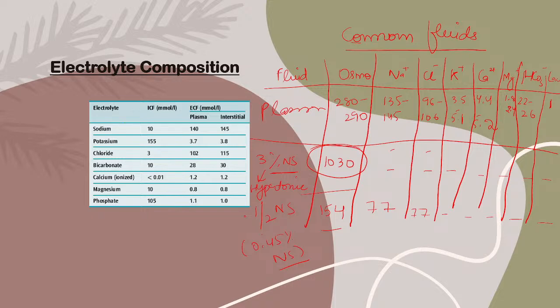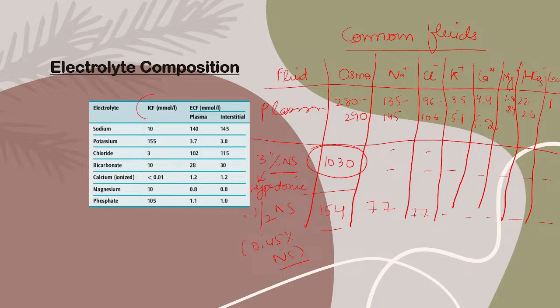So first we would be discussing the electrolyte composition. The basic electrolytes are sodium, potassium, chlorides, bicarbs, calcium, magnesium, and phosphate.